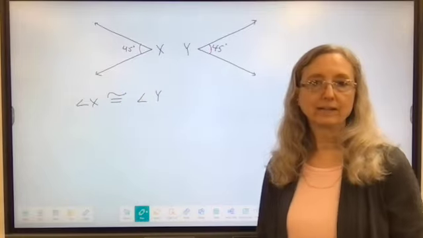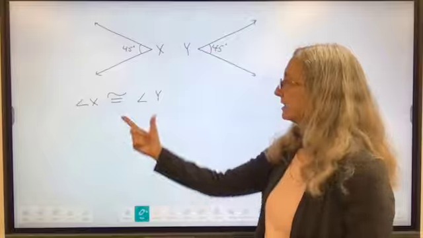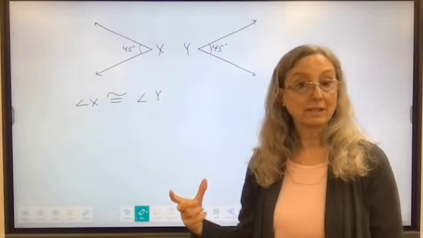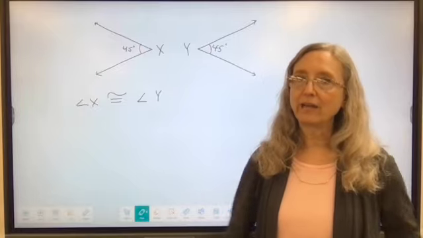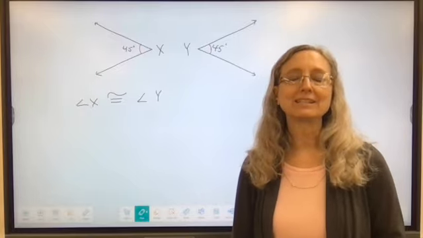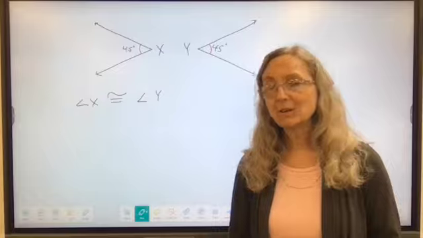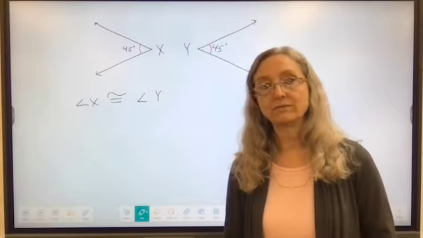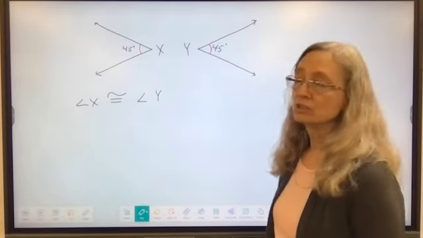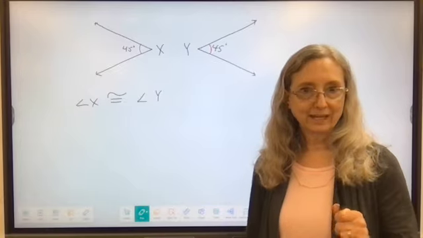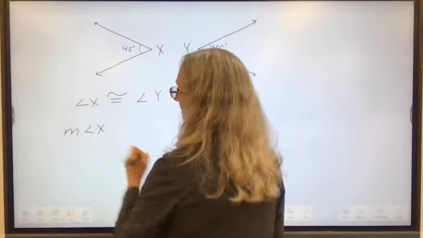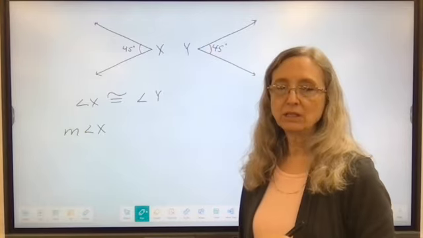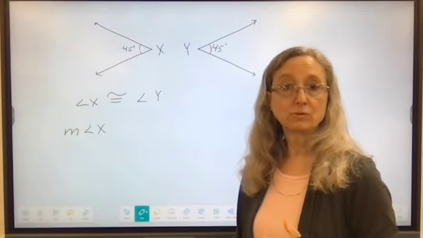And there's our angle symbol. And since I'm referring to the angles, I would use my congruent symbol. Now they are congruent because they have the exact same measure. If I want to refer to the measure of angle X and angle Y, which is about 45 degrees, then I would say the measure of angle X. So that lowercase m in front of my angle symbol stands for the measure.